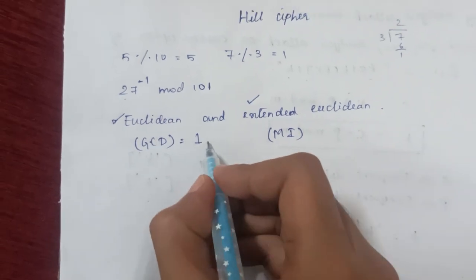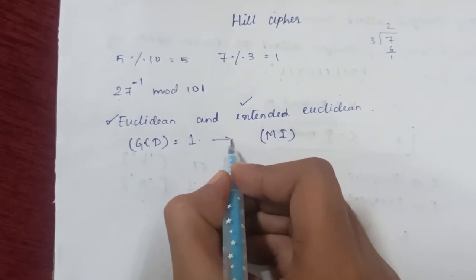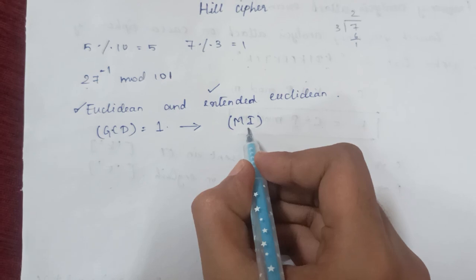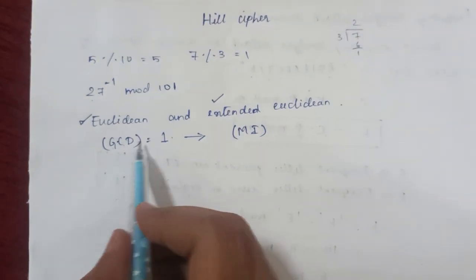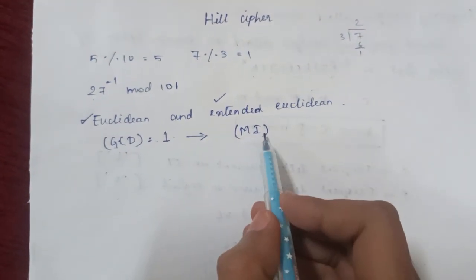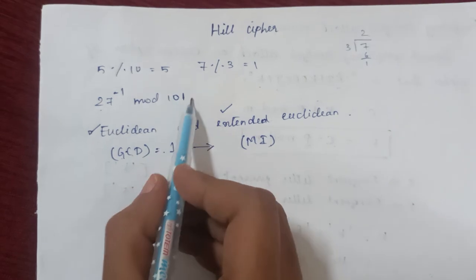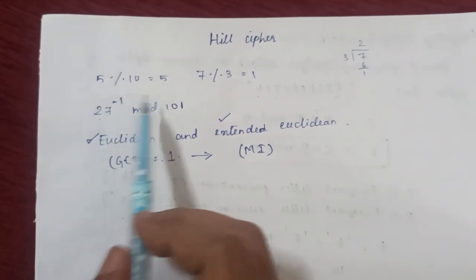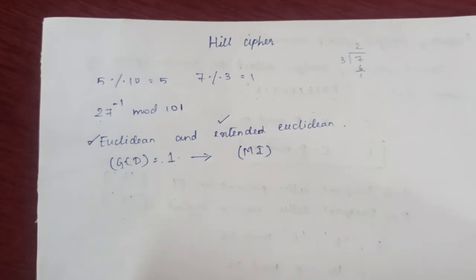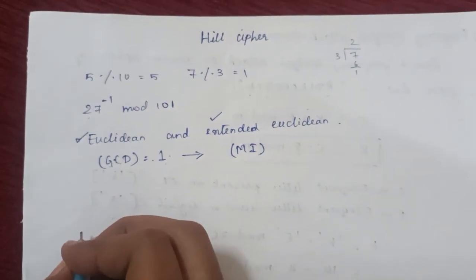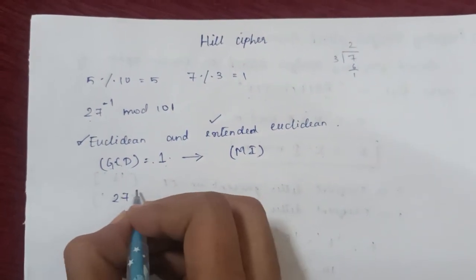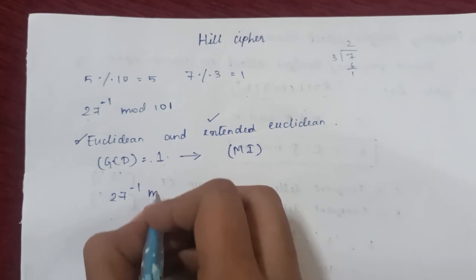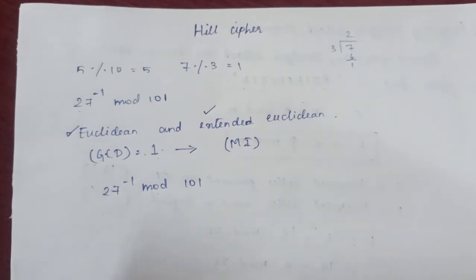If the GCD is 1, only then we proceed further to find the multiplicative inverse, which means the multiplicative inverse exists for this particular case. Else, no such multiplicative inverse exists. So, I have to find the inverse of 27 mod 101.